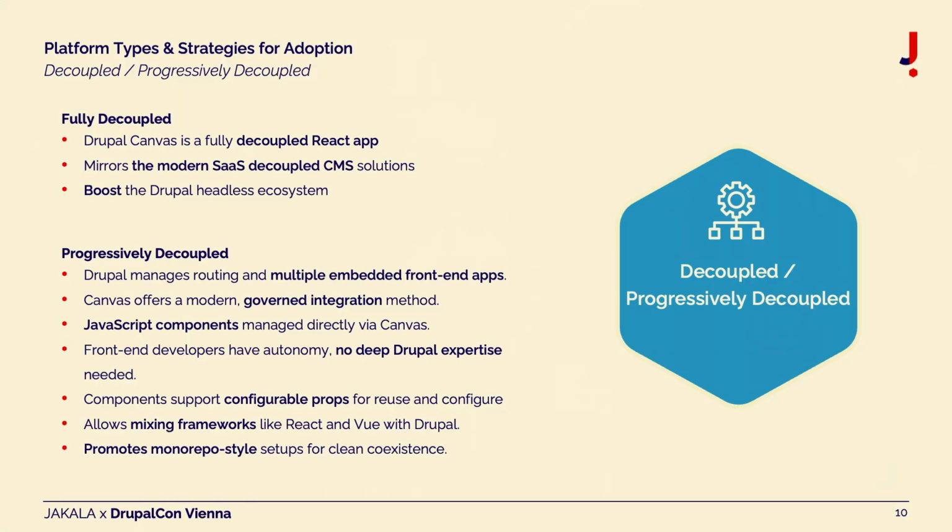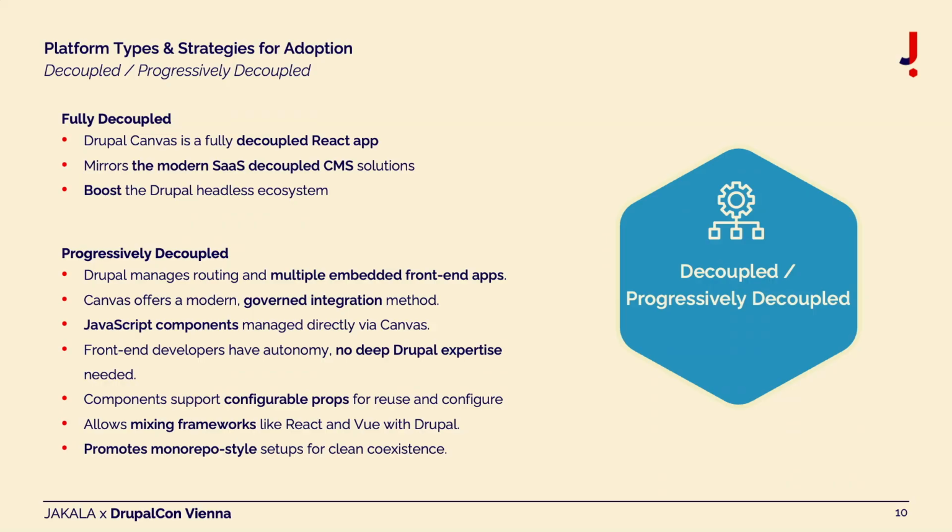just make sure: progressively decoupled projects are projects where the main page and the routing are served by Drupal, and within the page itself we have embedded JavaScript applications, right? This is usually the most common scenario. What Drupal Canvas brings is a much more modern, standardized, governed way to orchestrate all these applications.